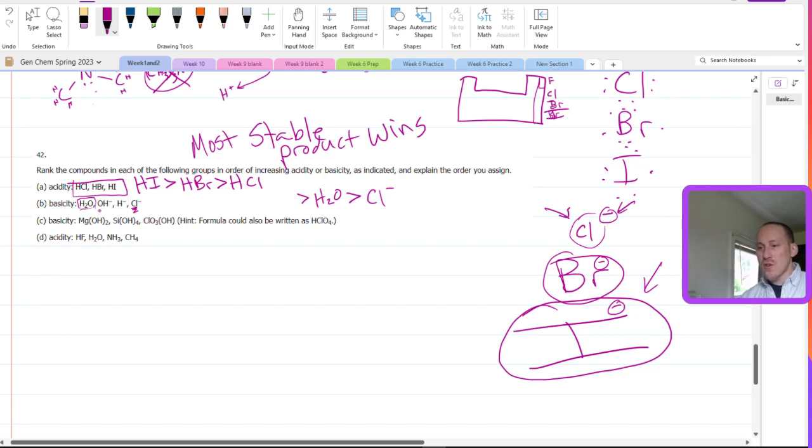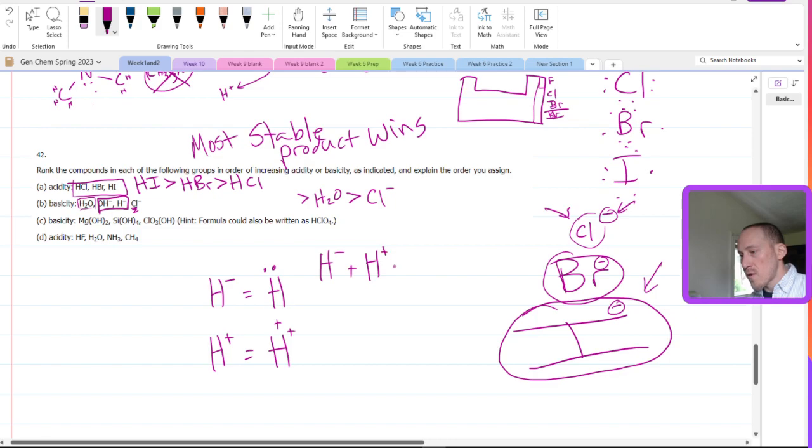Now, between hydroxide and hydride, remember, hydride is a hydrogen nucleus with 2 electrons, whereas a proton is a hydrogen nucleus with 0 electrons. So if it has 2 electrons, it would love to gain a proton, because if we add a hydride and a proton together, you get H2.